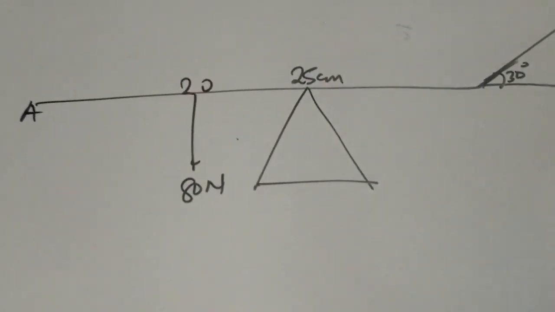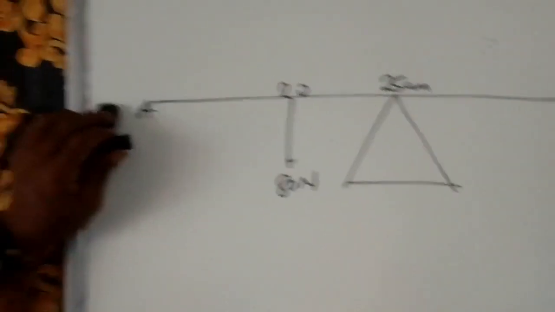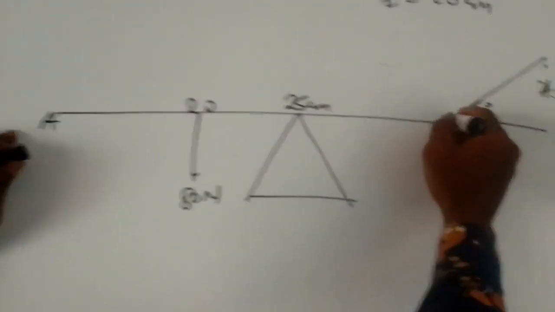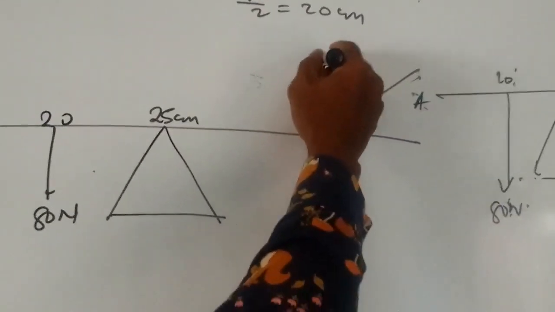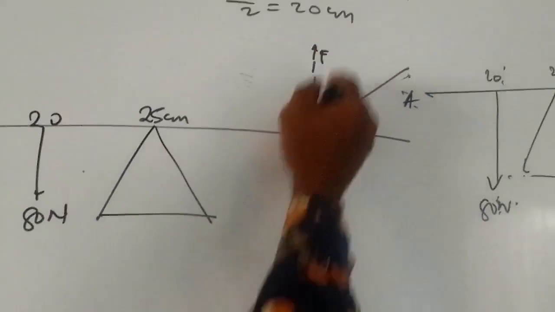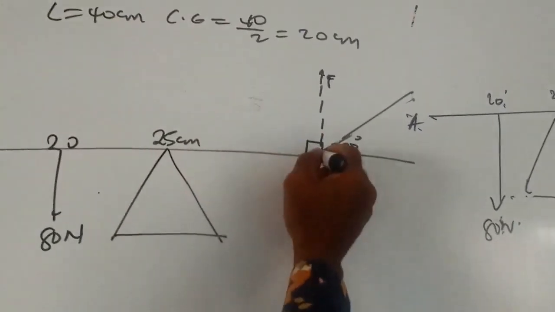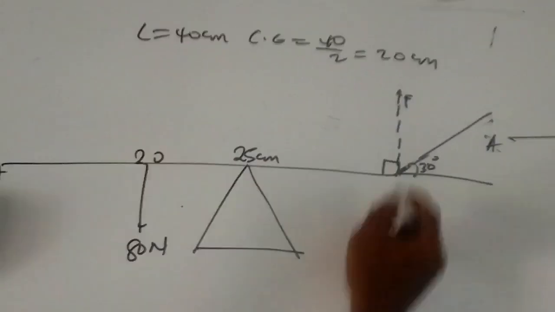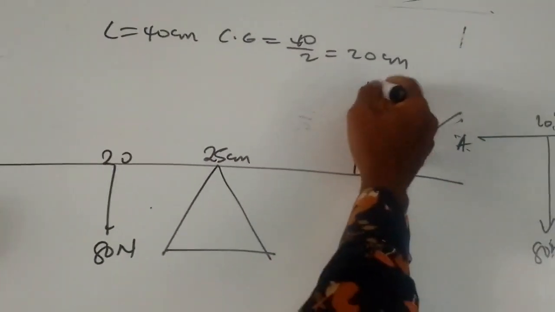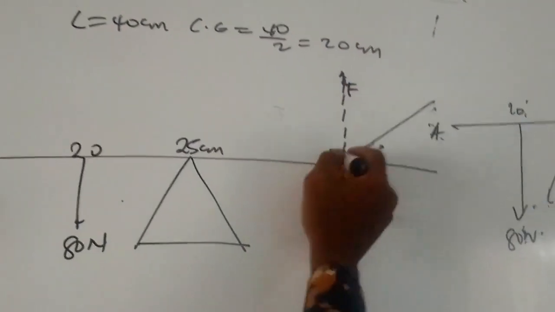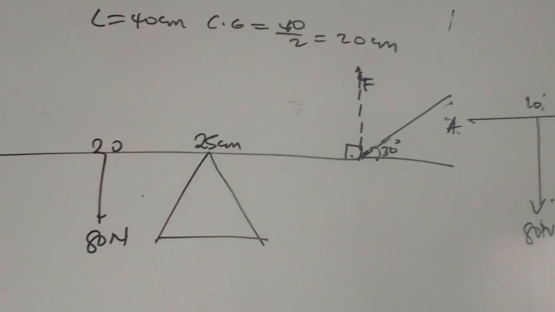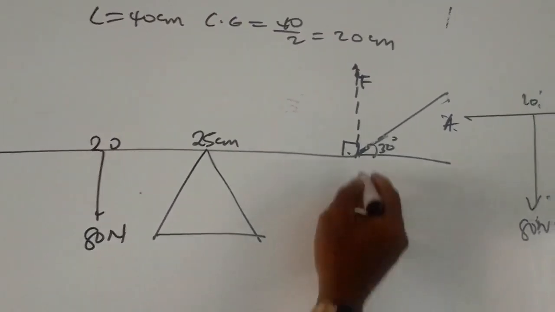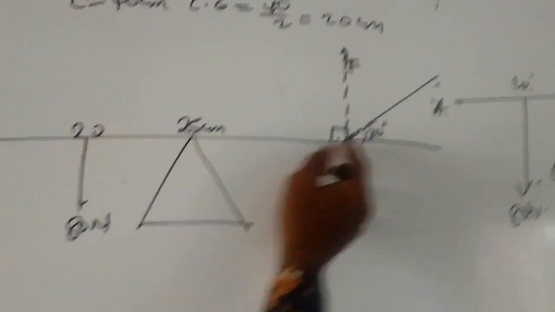All we have to do is find a distance. Then we create an imaginary force here, a force that will be perpendicular, at 90 degrees to the wood. As in the former example, we find the distance between each force and the pivot.